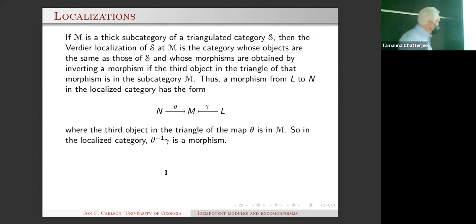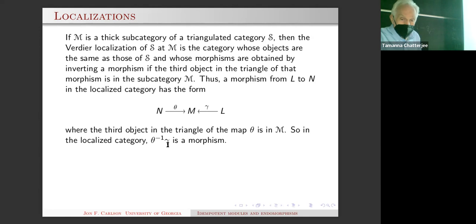So what this means is that if I've got, unfortunately, I wrote this from left to right, if I've got a morphism from L to M, then what I can do is take any ordinary homomorphism, and then I invert anything if the third object in the triangle is in the subcategory.